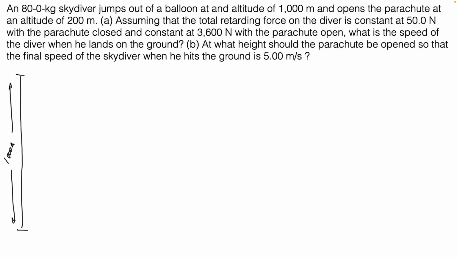Okay, and we also know that at the 200 meter mark is where this parachute opens. We also know that while the parachutist is falling, there's a 50 Newton air resistance happening.